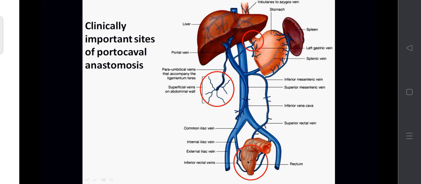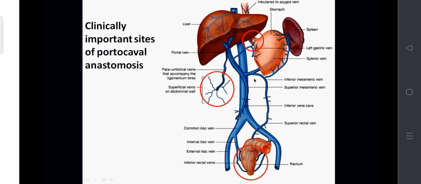The middle and inferior rectal veins, which also drain the blood from the rectum and anal canal, go into the systemic circulation through the internal iliac vein and common iliac vein. So the lower end of rectum and anal canal has an anastomosis between the tributaries of portal vein and the tributaries of systemic vein.